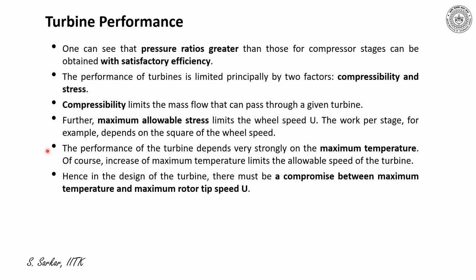It should also be noted that the performance of a turbine depends very strongly on the maximum temperature. Of course, increase of maximum temperature limits the allowable speed of a turbine. Hence, while designing a turbine for, suppose, a turbojet engine, there must be a compromise between the maximum temperature and the maximum rotor tip speed.